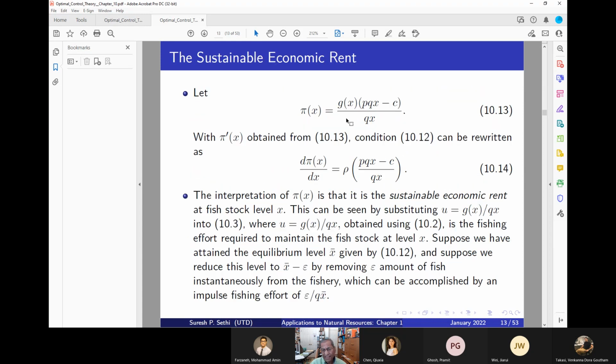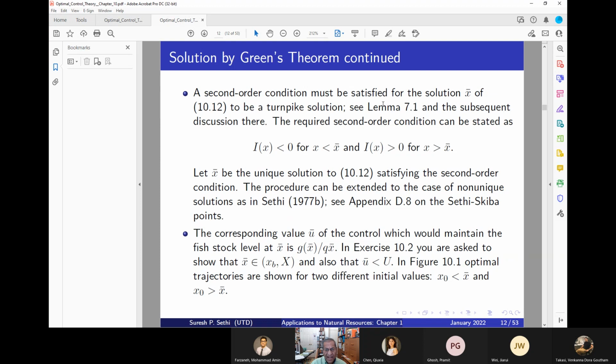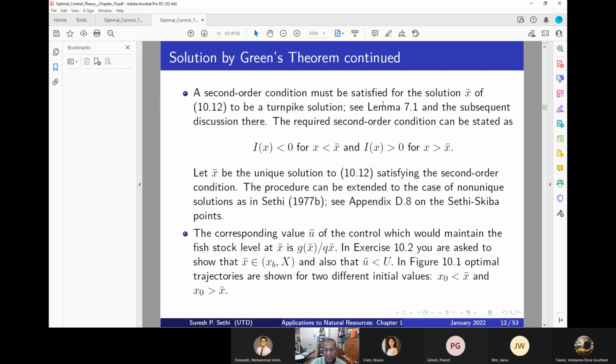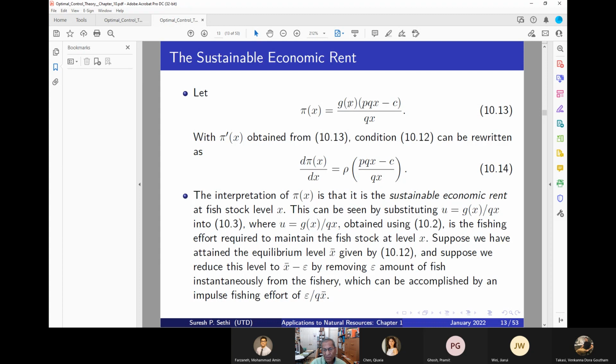First, I say let X be any biomass. If X is any biomass, then I can find U for that biomass using the X dot equation, and then substitute that U and find the profit rate at that biomass, given by pi X. So this is just a formula for any biomass X.